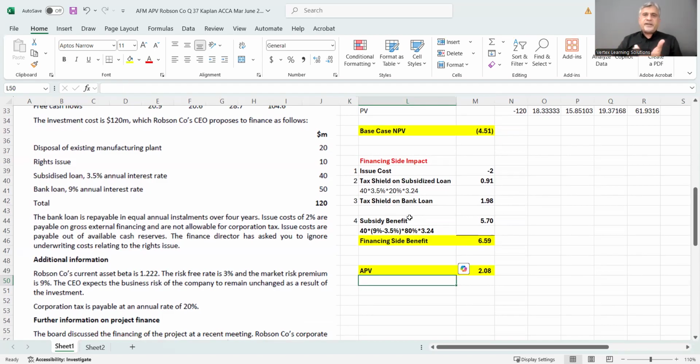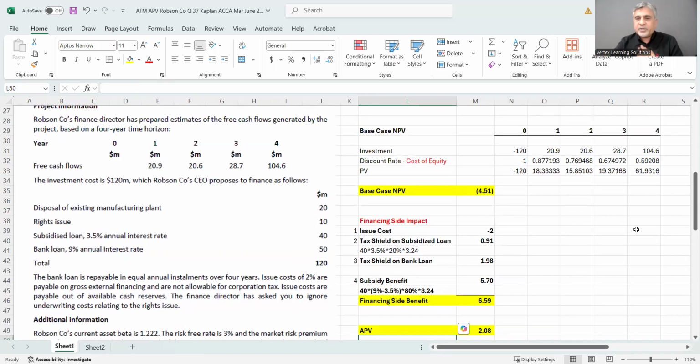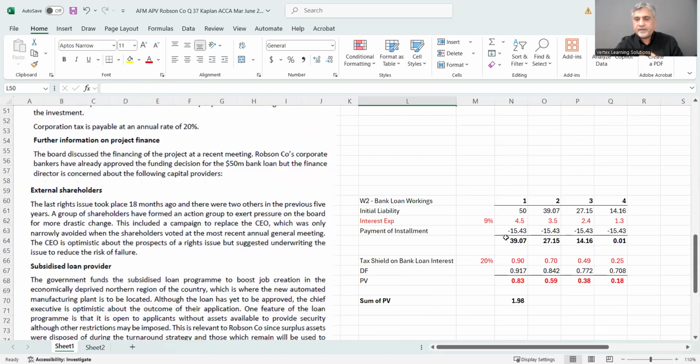We calculated here what we learned here, that for the discount rate for subsidy benefits, you are going to use the bank rate, the cost of debt. You learned that if you have to return back the financing in equal installments, I made this calculation for bank financing here, because I had to return back money.